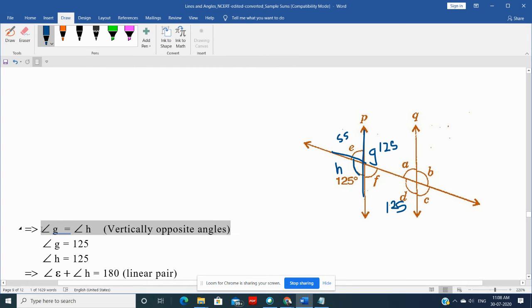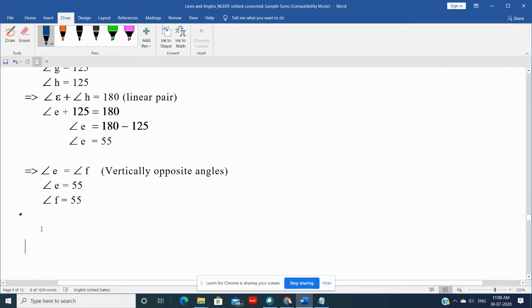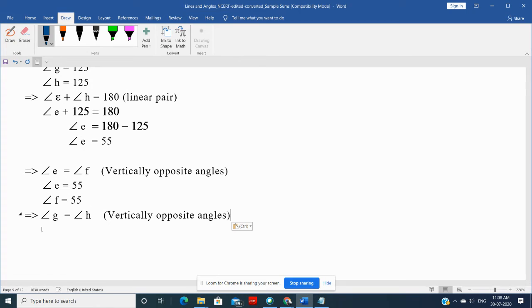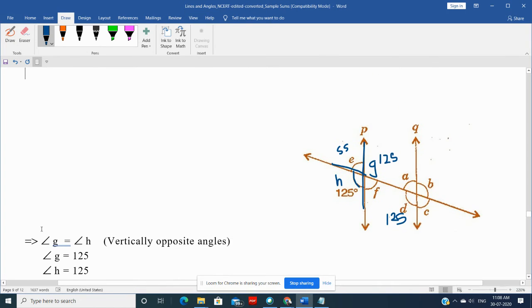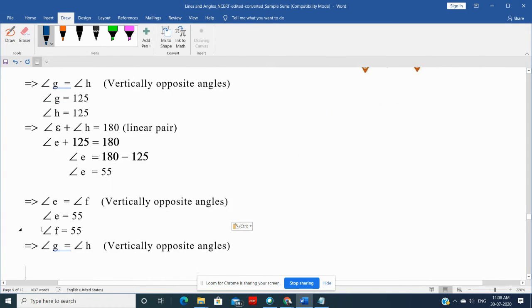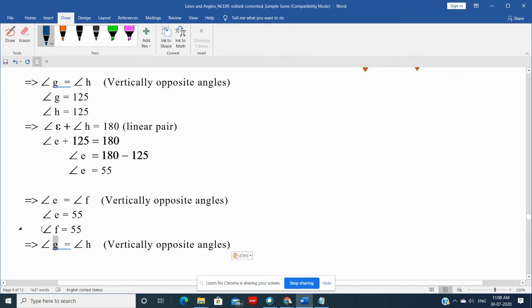H is equal to D. We'll change the reason. H and B. All right. So here I will write H and here I will write D. And the reason being corresponding angles. We know that corresponding angles are same.